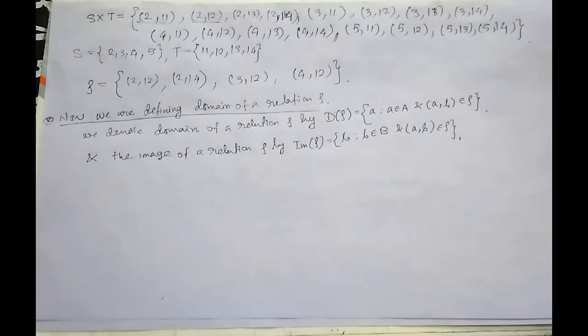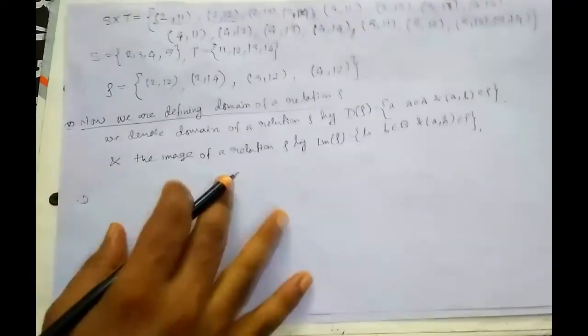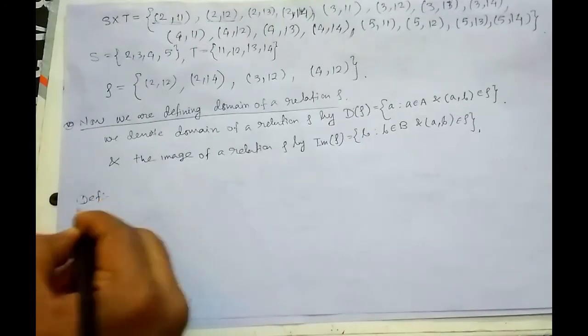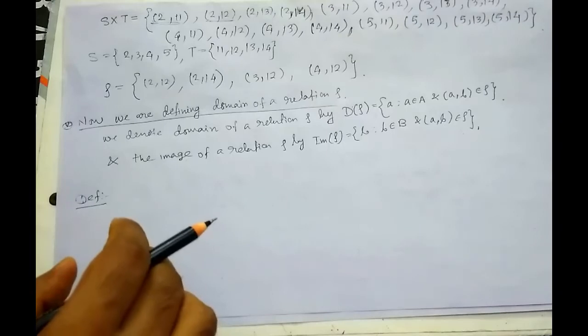That means Im of rho, or the image of rho, is the collection of all second components of the ordered pairs which belong to the relation rho. Now we are defining the inverse relation.